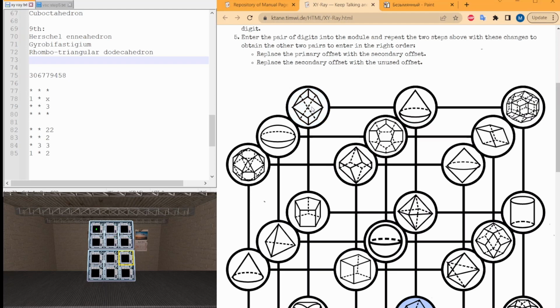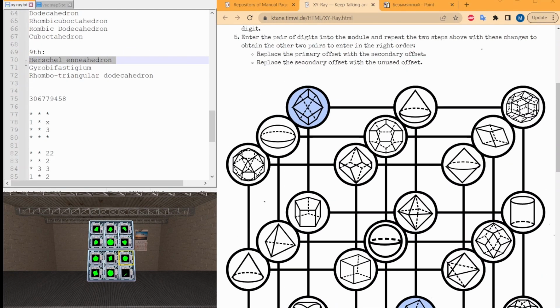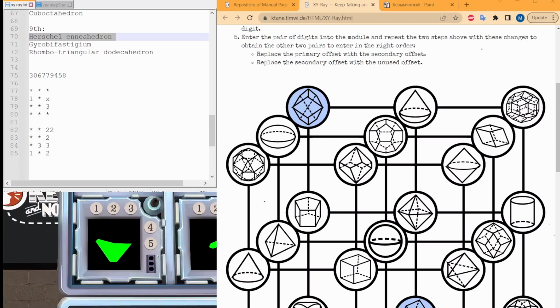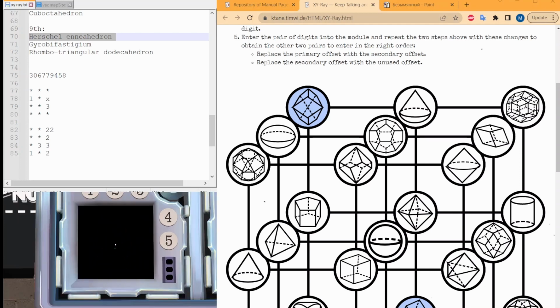Next one is this one. It's called Herschel enneahedron. Where is it located? It's located here. Okay, remember I mentioned that this shape here has a visual bug. Well, this shape also has a visual bug, which you can witness sometimes, but not always.